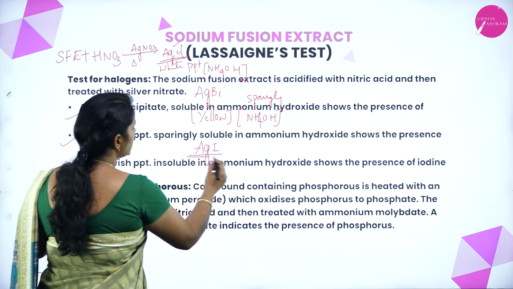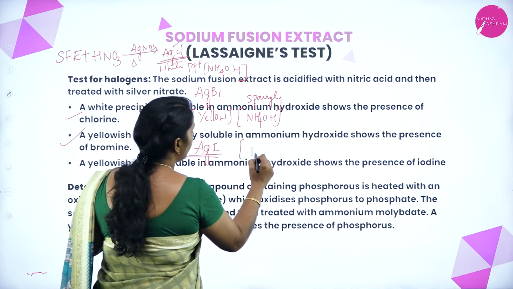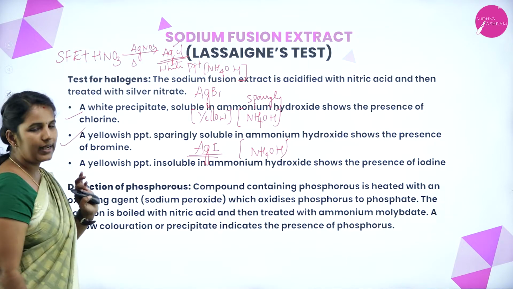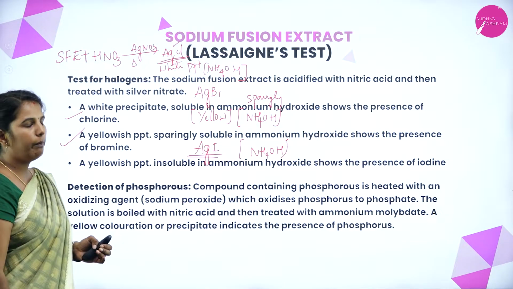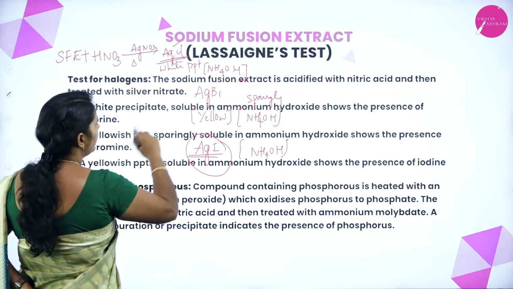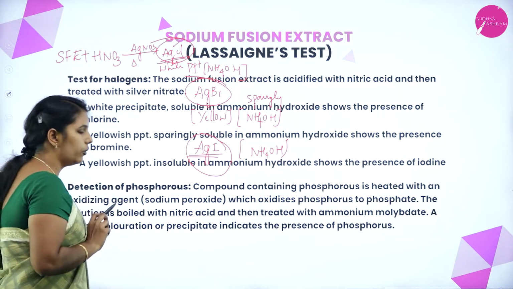If you get silver iodide, a dark yellow precipitate, which is completely insoluble in ammonium hydroxide, we say the given organic compound contains what? Iodine.